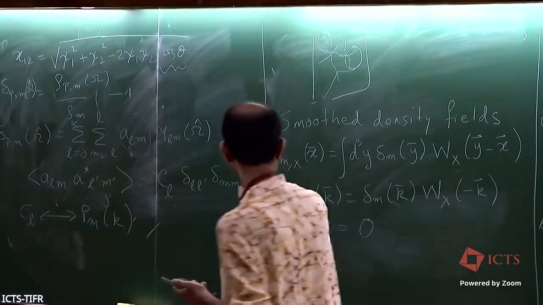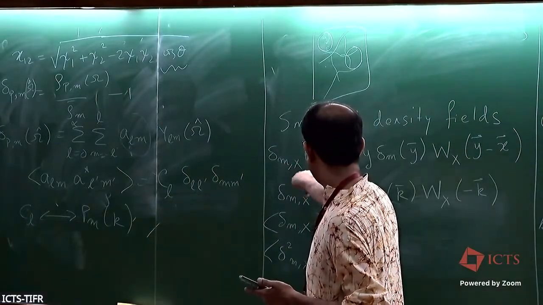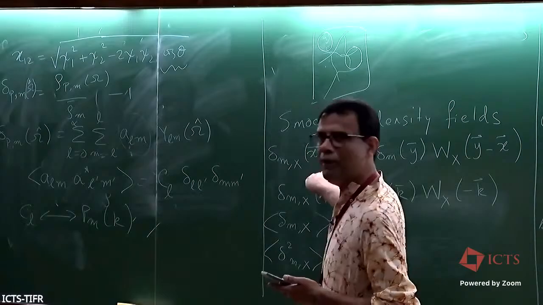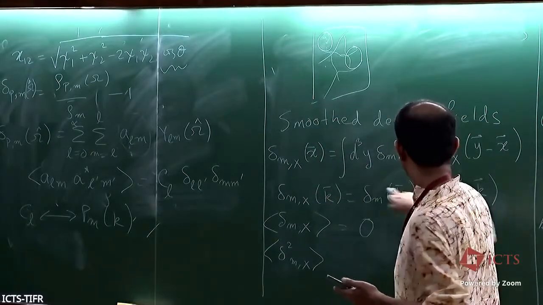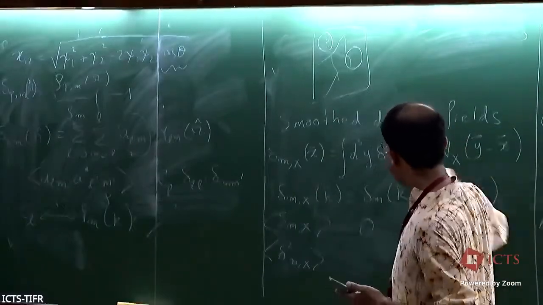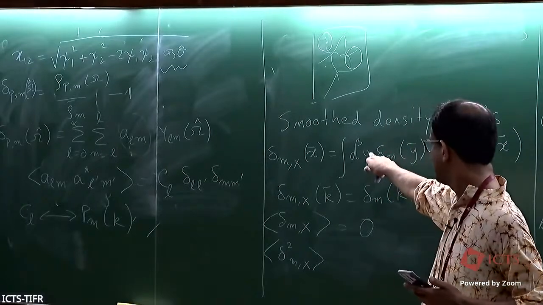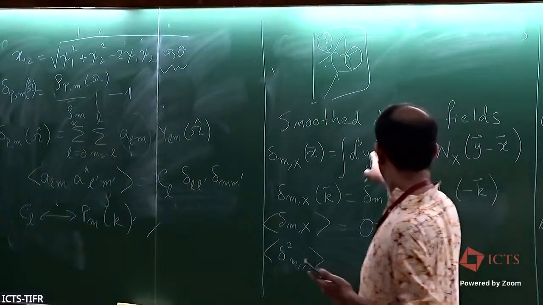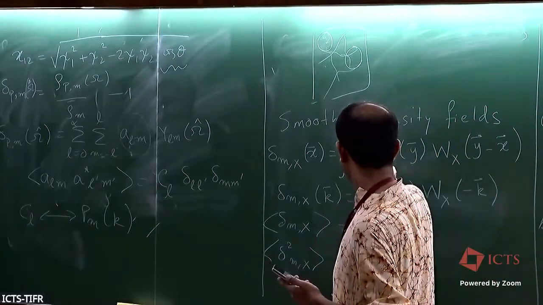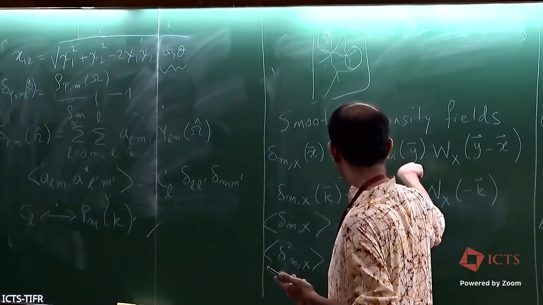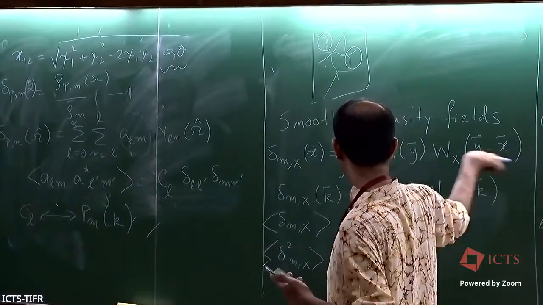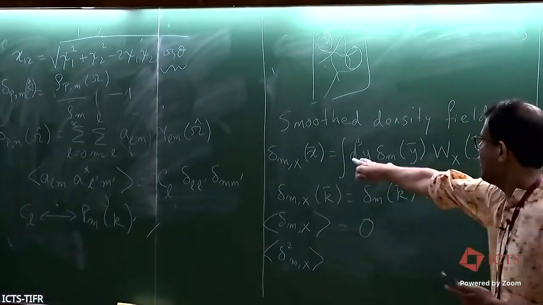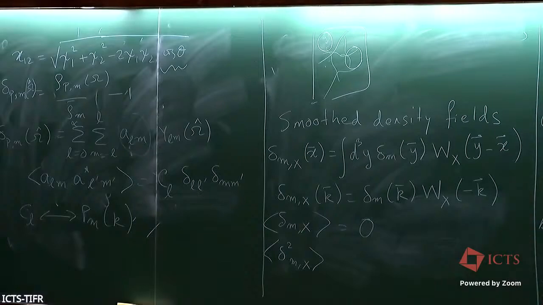So this we can do. What I have to do is take this quantity and multiply it by itself, but make sure the dummy variable, the integration variable, is different. And then I will do an ensemble average. So the ensemble average will go and sit on this delta_m(y) and another delta_m(y'), which will come when you multiply this with itself. Is it clear?